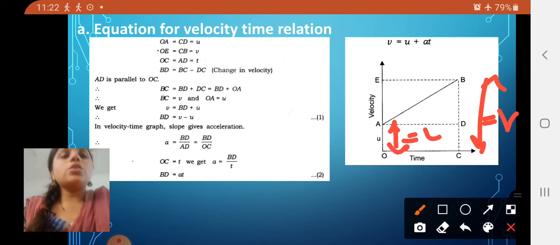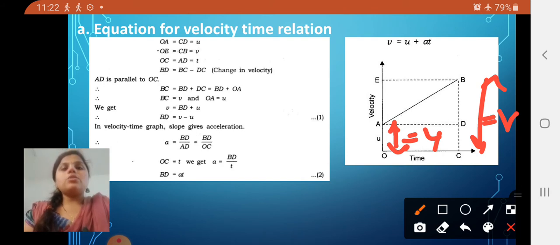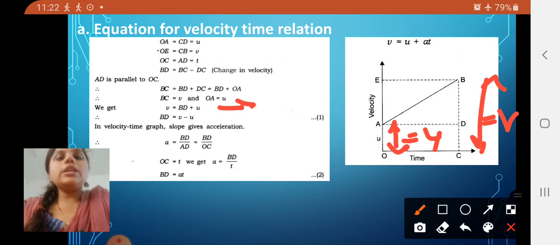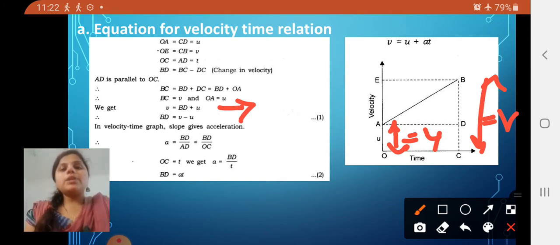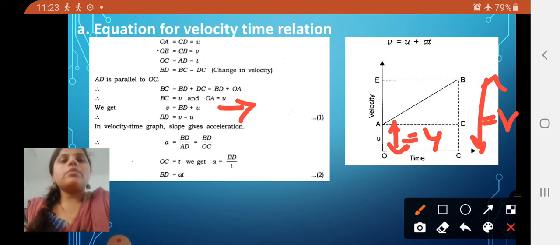It is U. So by substituting the values we get V is equal to BD plus U, because OA we are going to consider as U. So what is BD here? That is V minus U, that is equation number 1.